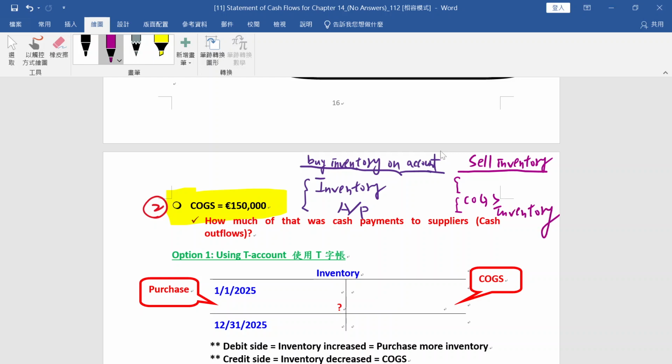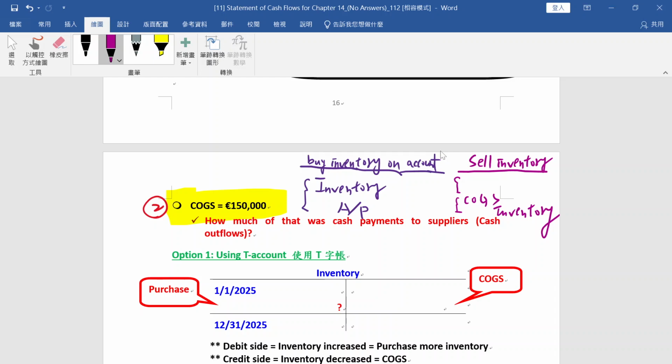So did you find out? Sell the inventory using perpetual, 永续盘存制. So you need to prepare two journal entries, right? The second journal entry is cost of goods sold, inventory. You sell the inventory, inventory decreases. At the same time, your expense increases, right? So based on cost of goods sold, you need inventory, the friend.